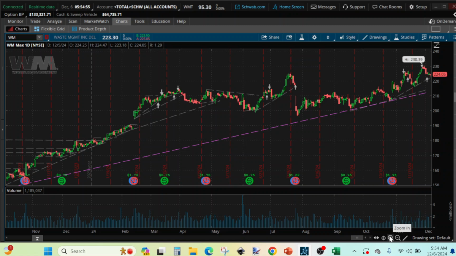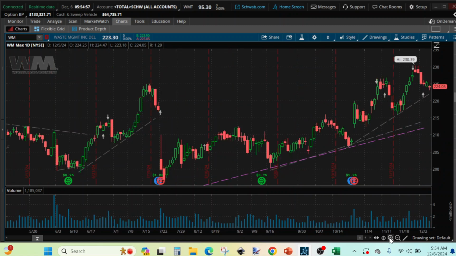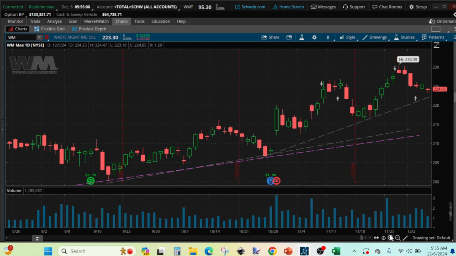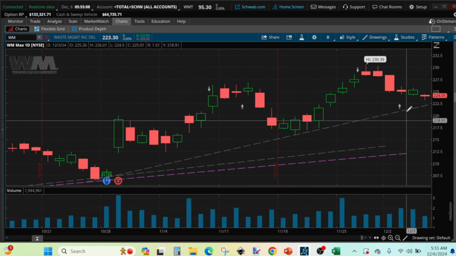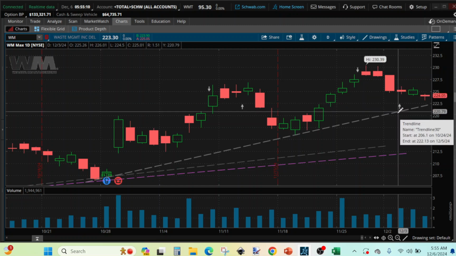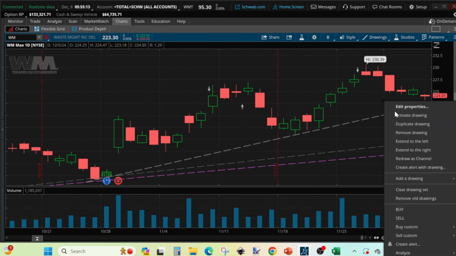In fact, we bought it already. Yeah, we bought it. We have not sold it yet, but we bought it a little bit high. We bought it at the first green bar. That green bar by the end of the day became red. It was not too far from that line. So let's keep an eye on it and see what it's going to do.